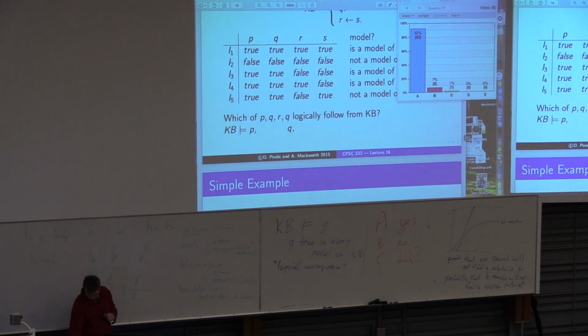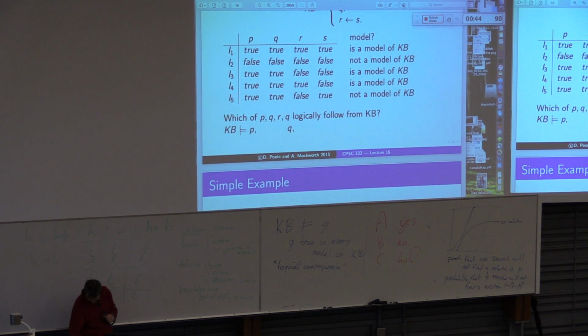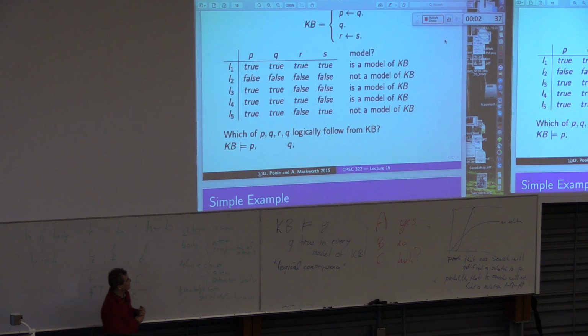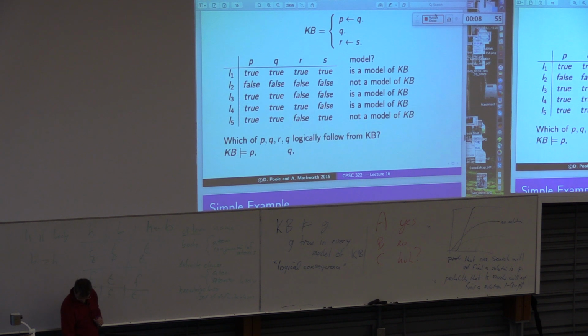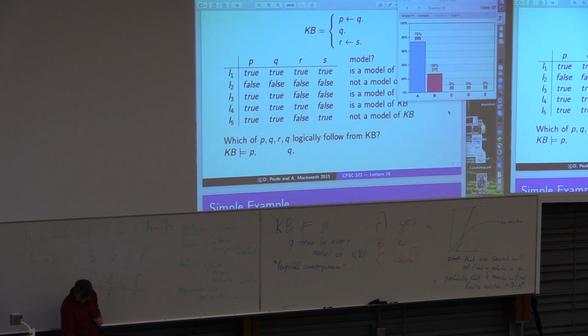What about Q? Is Q a logical consequence of this? It should be easy for people, hopefully. You've got to watch out for peer pressure.